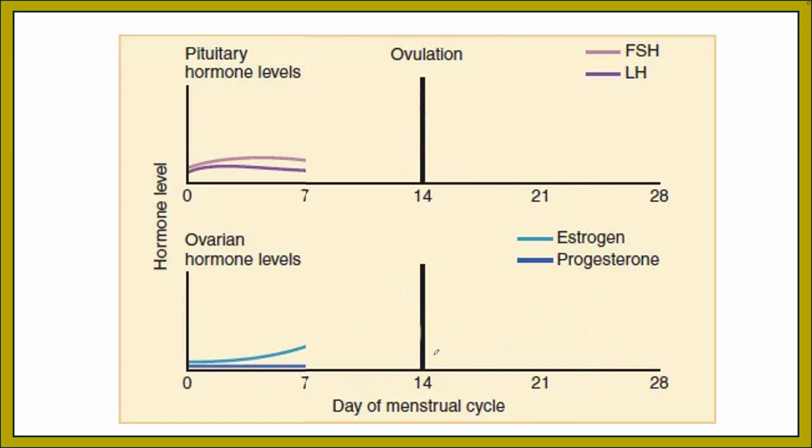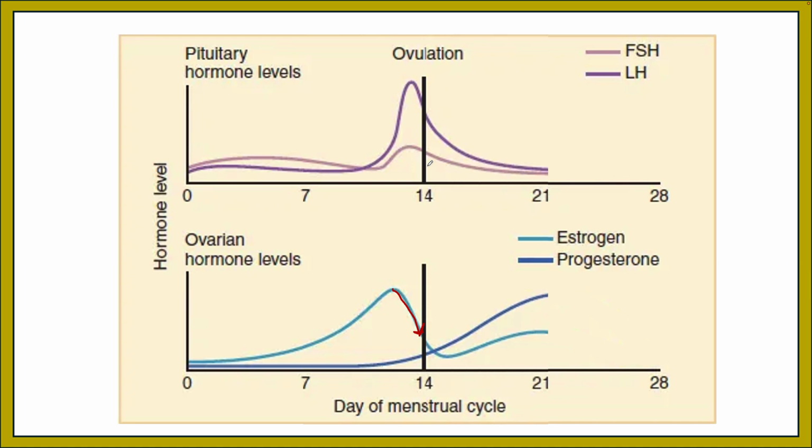You can see that the estrogen is starting to go up around day 7. You have a slow rising until you reach a point that is going to trigger that LH surge. FSH also goes up with it. So after that, the estrogens are going to start going back down, but this triggers ovulation around day 14.